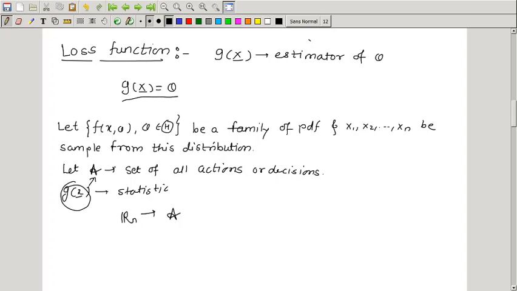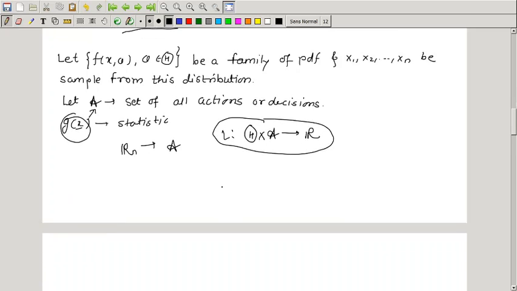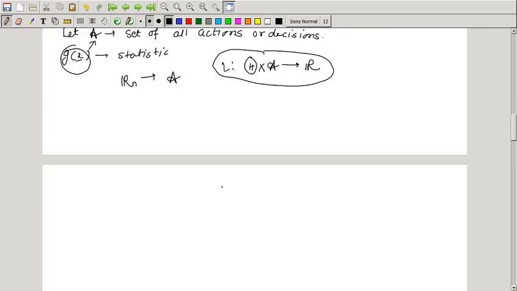A non-negative function that maps the parameter space multiplied by the set of actions A to R is called a loss function. Suppose this L is mapping from theta times A to R. So this is your loss function.